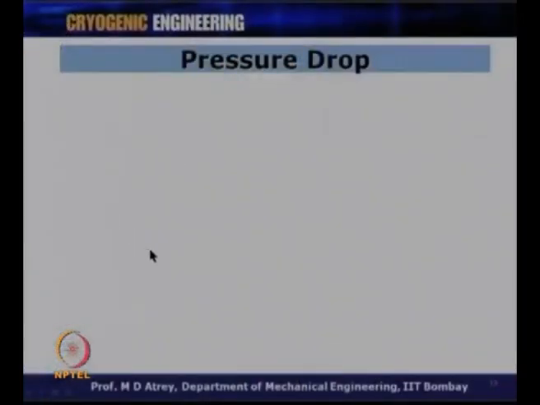But before that, we will have to understand the flow rates and the pressure drop, because if I want to evacuate a particular space, I will connect that space to a vacuum pump through a tube or a pipe. To begin with, we will have a pressure drop across this pipe, and therefore a molecular flow region.